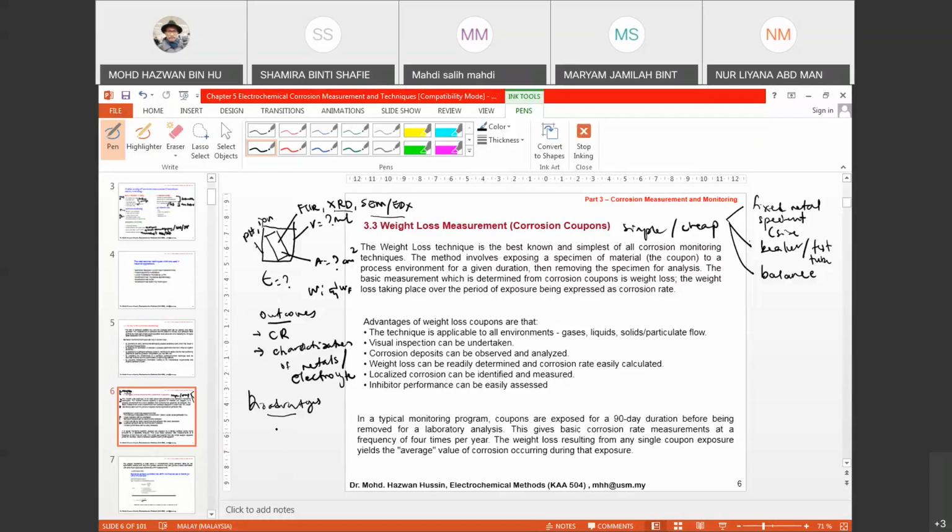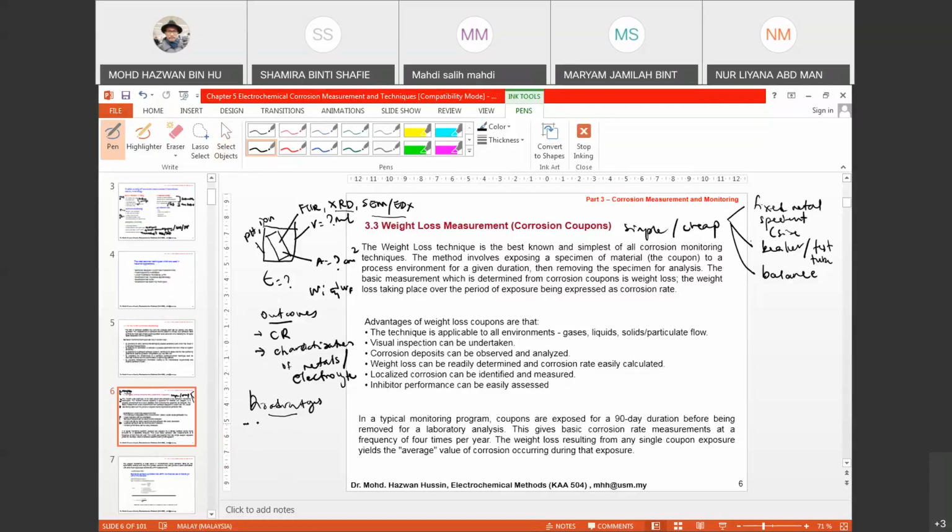Okay, I take that as one point. The first disadvantage is that it is destructive. Better to measure the thickness of the metal. Thickness, yes, because when you lose weight, that means the thickness of the metal is reduced. So that is what I mentioned here: the disadvantage of this method is that it's destructive.